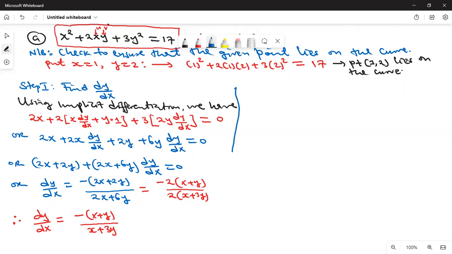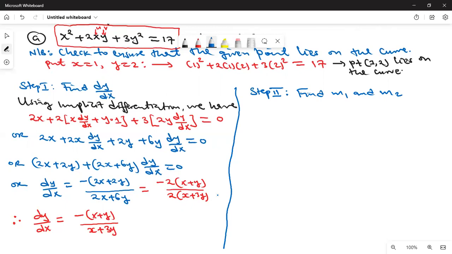Step 2. Find M1 and M2. We said M1 is the slope of the tangent line and M2 is the slope of the normal line.